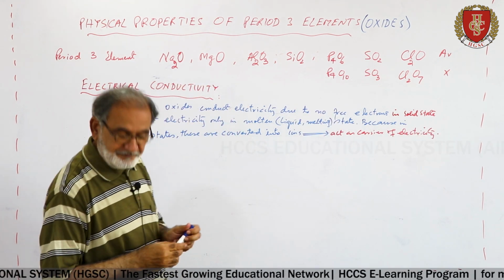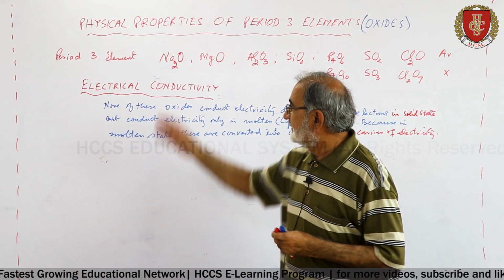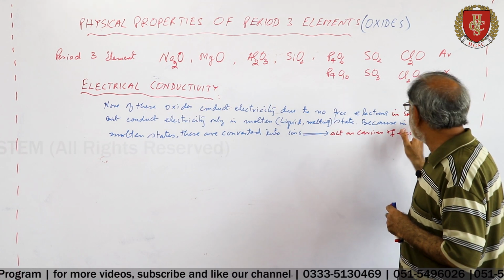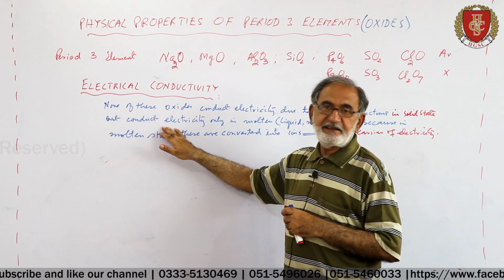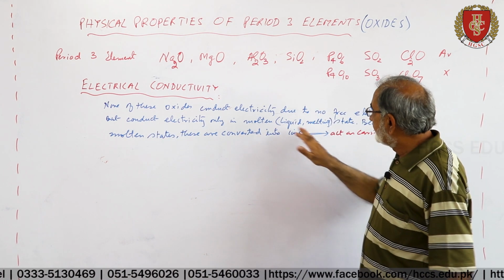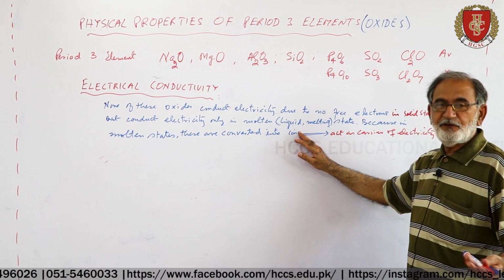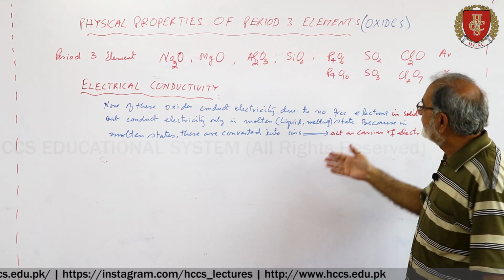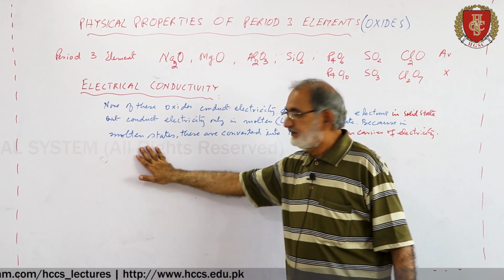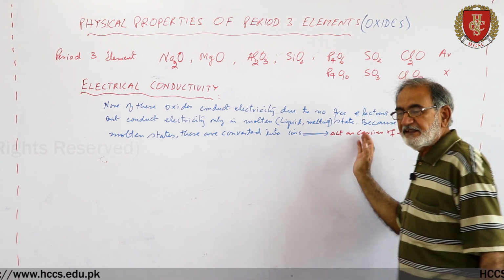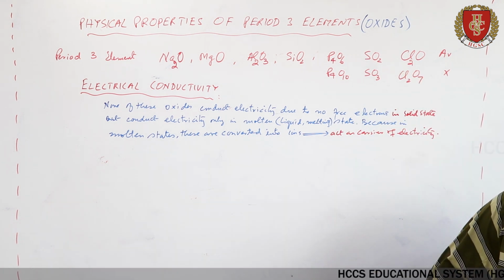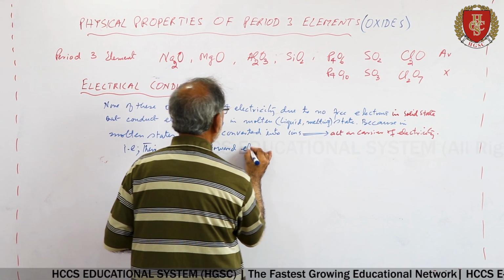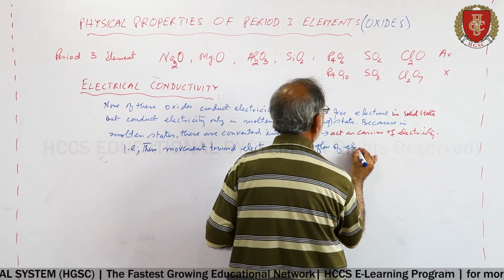So in general you can say these oxides do not conduct electricity in the solid state, but they can conduct electricity in the molten state, that is in the liquid form, because in the molten state these are converted into ions which act as carriers of electricity. Their movement towards the electrodes causes the flow of electric current.